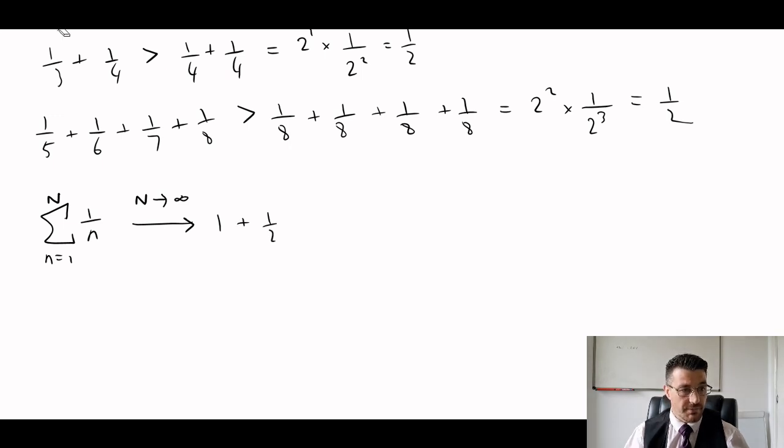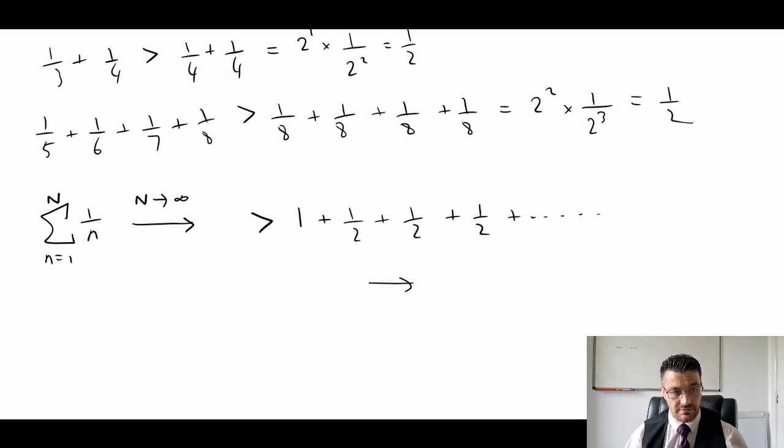Sorry, it's going to be greater than 1 plus a half, plus a half, plus a half. This is not really very good notation, but however many halves you want to add on, which approaches infinity. Okay.